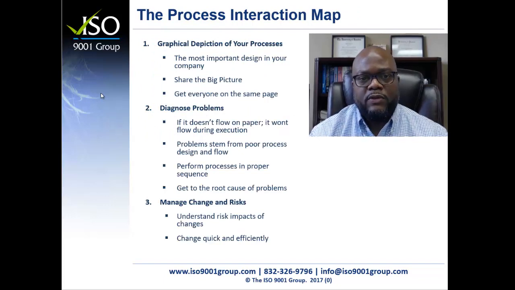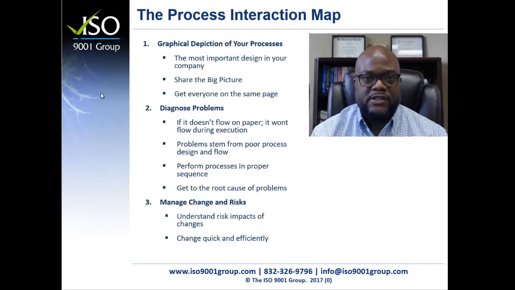All right, so the first thing that we want to understand about the process interaction map is that it's a graphical depiction of your organization's processes, right? If you think about it, it's really the most important design that you have in your company, because it's very strategic.